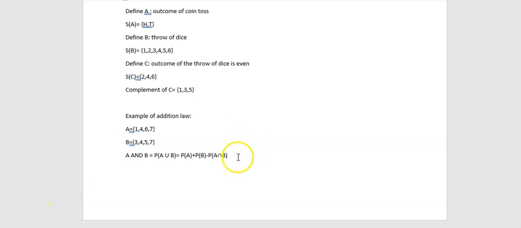The reason why we have to subtract this intersection is clear from this example here: events A and B have some common occurrences as well.